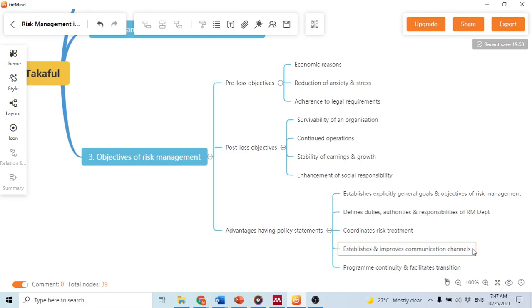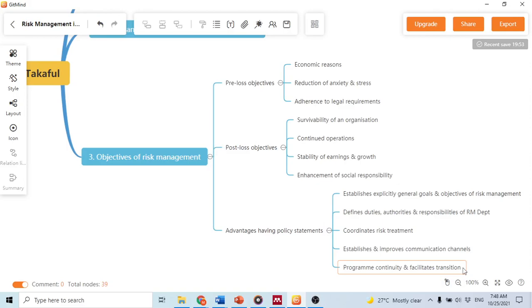So this is very important in an organization, the communication channels, because each and every piece of information within an organization should be channeled accordingly, so that it will not create communication problems when something happens within the company. And last but not least, the advantage of having policy statements is program continuity and facilitating transition during times of departmental personnel changes.